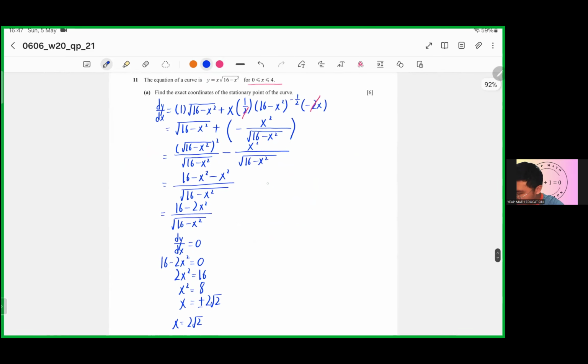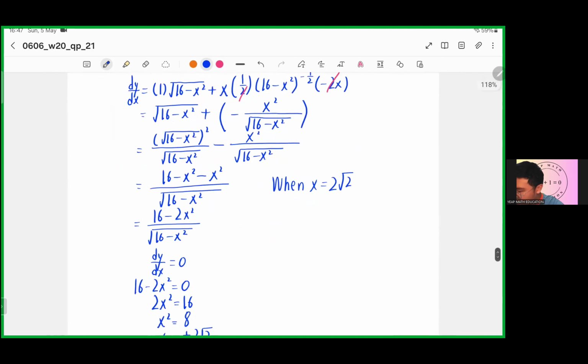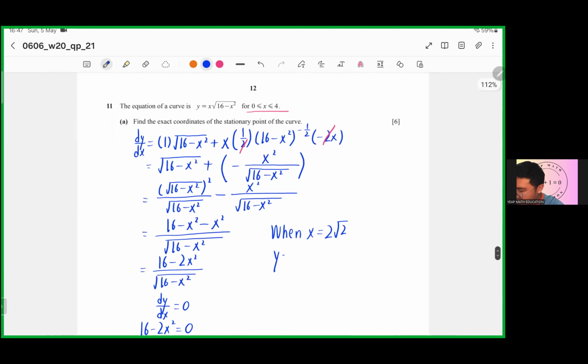Then we use this to find the y coordinate. Okay, so when x equals 2, set 2 here. So y equals 2 times the square root of 16 minus 2 squared.